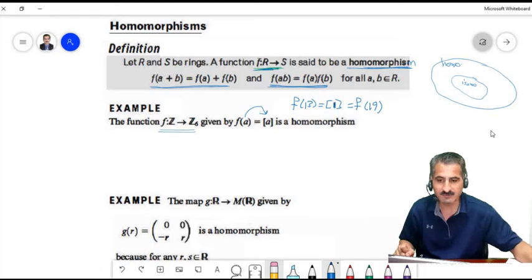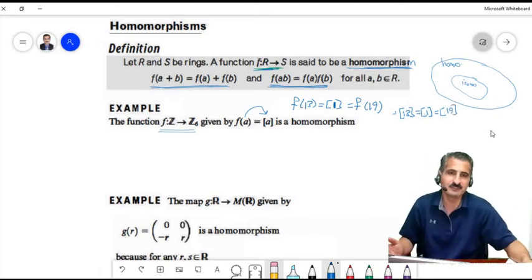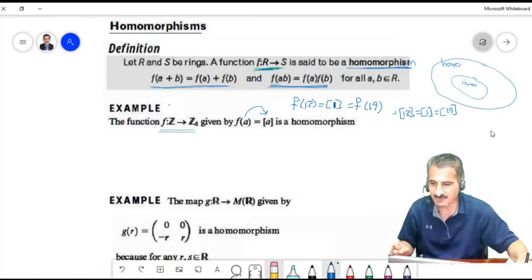Because the equivalence class of 13 in Z6 is the same as the equivalence class of 1, and the same as the equivalence class of 19. So this function is not one-to-one, apparently. It is surjective, but it is not injective.